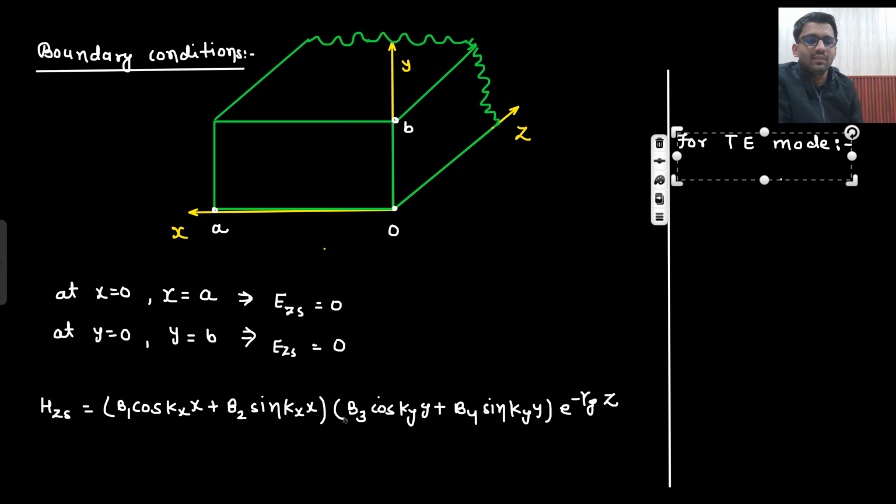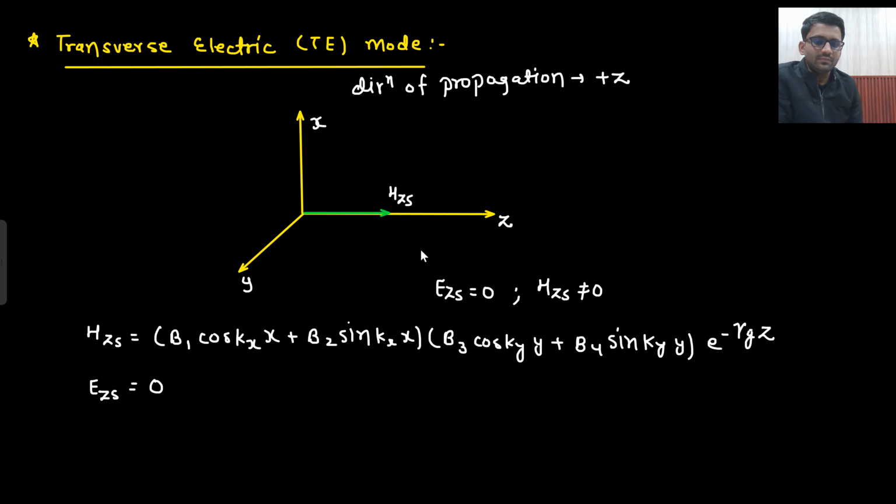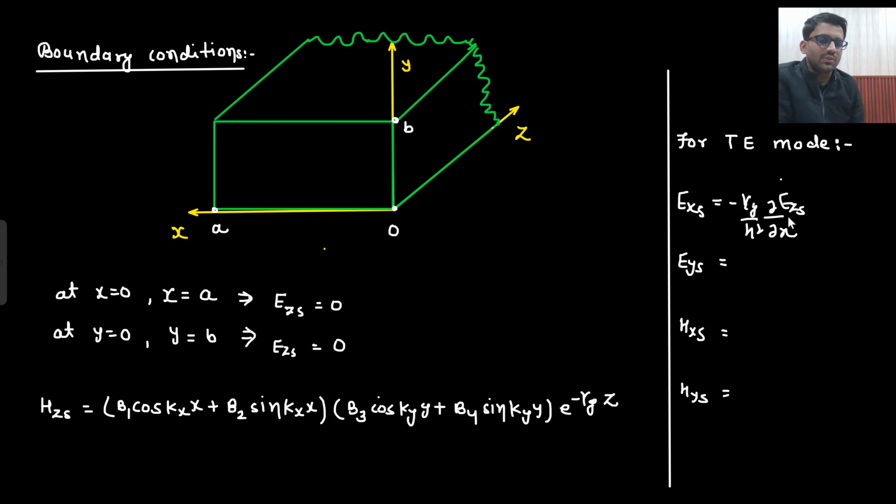But before starting it, let's write down the equations of EX, EY, HX and HY for TE mode. So what is the actual expression of EXS? That is minus gamma upon h square del by del X EZS. But here EZS is equal to 0, so this term will be completely gone.